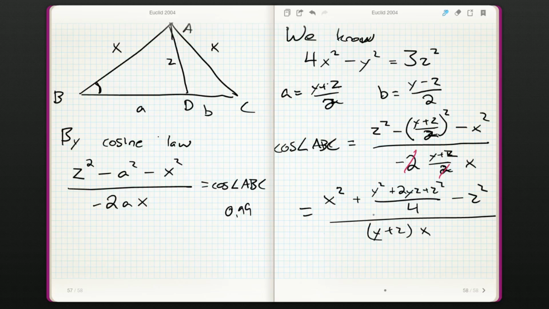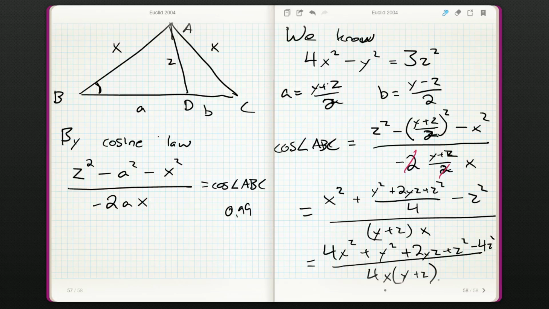Okay, let's get the 4 down on the bottom, so that'd be 4x squared plus y squared plus 2yz plus z squared minus 4z squared, all over 4x(y plus z).